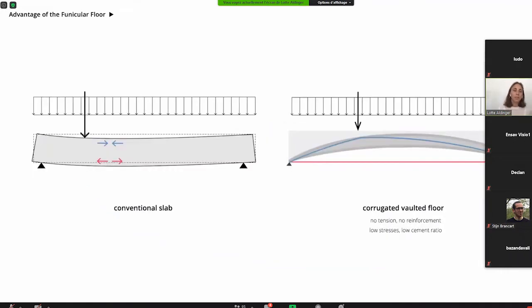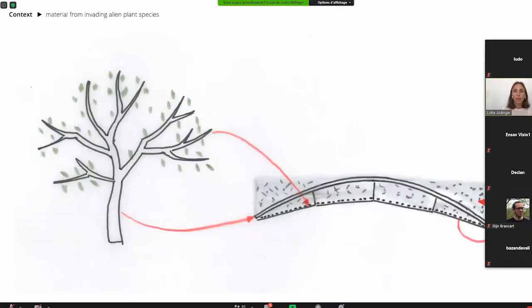And this concept is used to reduce the embodied carbon emissions because it creates this funicular floor solution, which doesn't need high strength concrete nor reinforcement. And at the same time, this project also aims to reduce the impact by utilizing local materials.